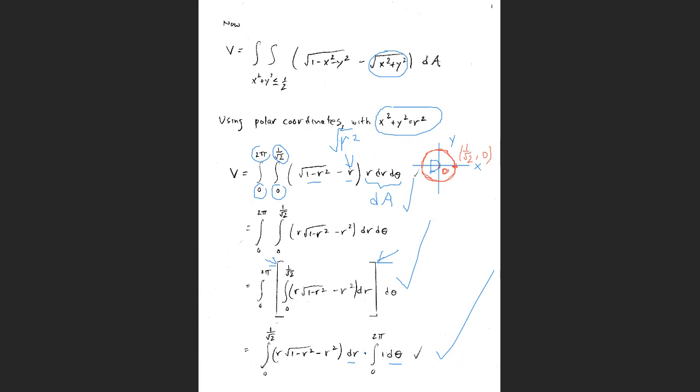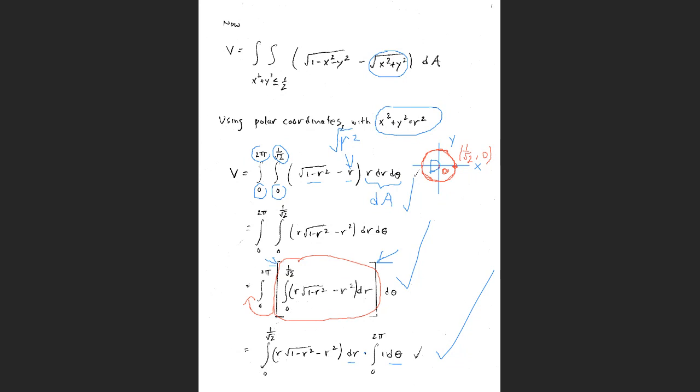I mean, it's like I've taken this inner integral here and I've pulled it out in front of the integral with respect to theta. Why was I able to do that?